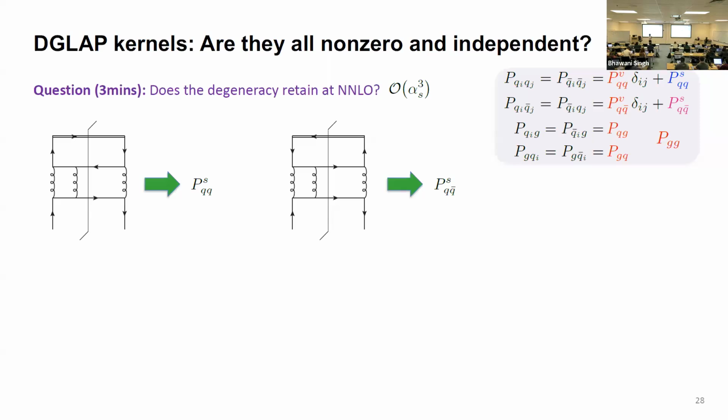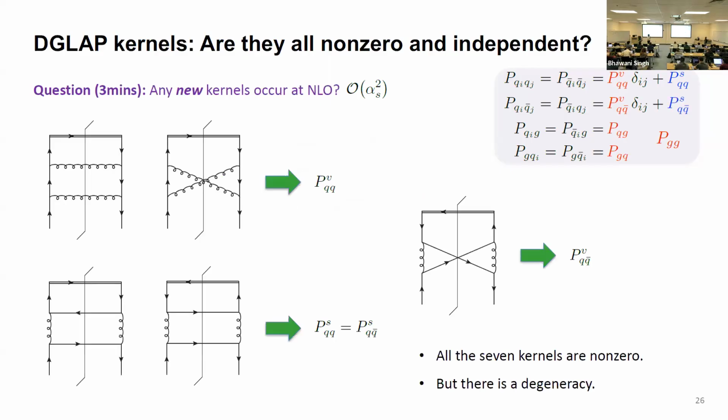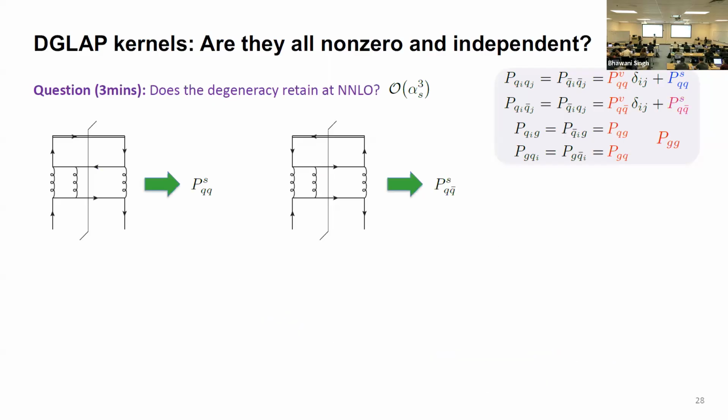Again, because all those kernels are already there, we only care about the diagrams that may break the degeneracy between the C splitting of Q to Q and Q to Q bar. So we take the previous diagram, a two-loop order, but we add another gluon. This gluon is virtual, not cut.